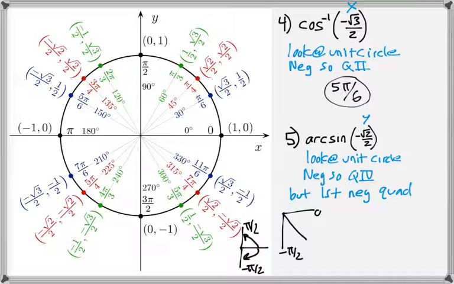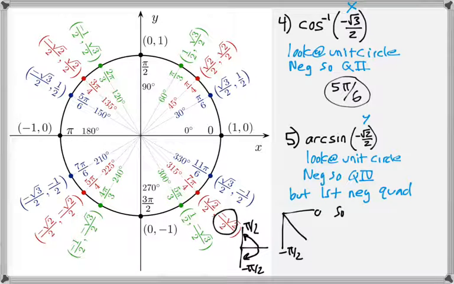So having a y value of negative square root of 2 over 2 would be here. So it normally would be 7 pi over 4, but it's not going to be here. It's actually going to be negative pi over 4. So just think about the first quadrant, but kind of mirrored down here.